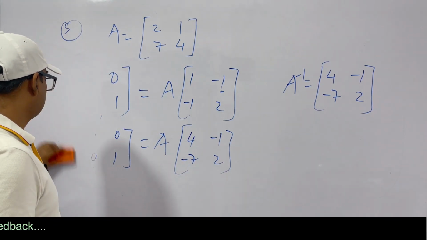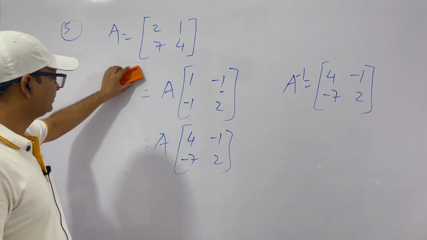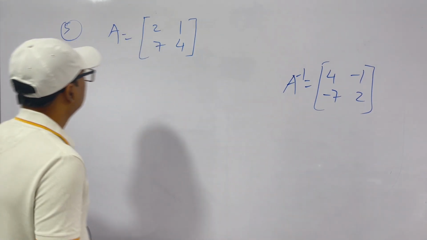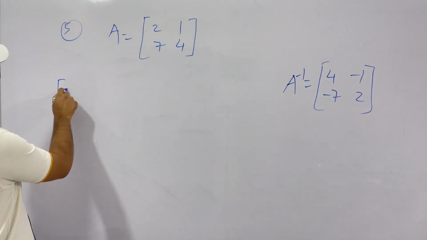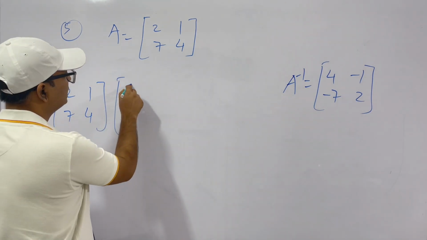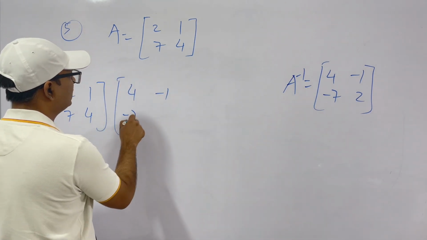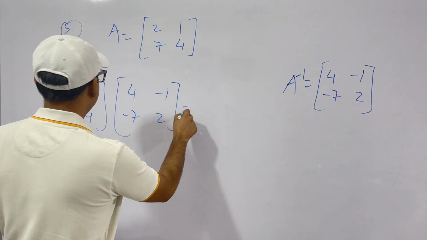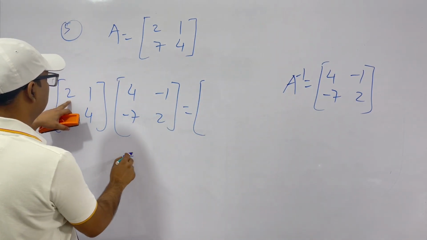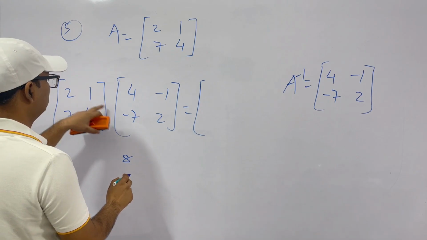Let's test it. Let's check it. See, A is 2174 and A inverse 4 minus 1 minus 7, 2. Let's multiply this into this, 8, this into this, 8 plus this into this, minus 7.